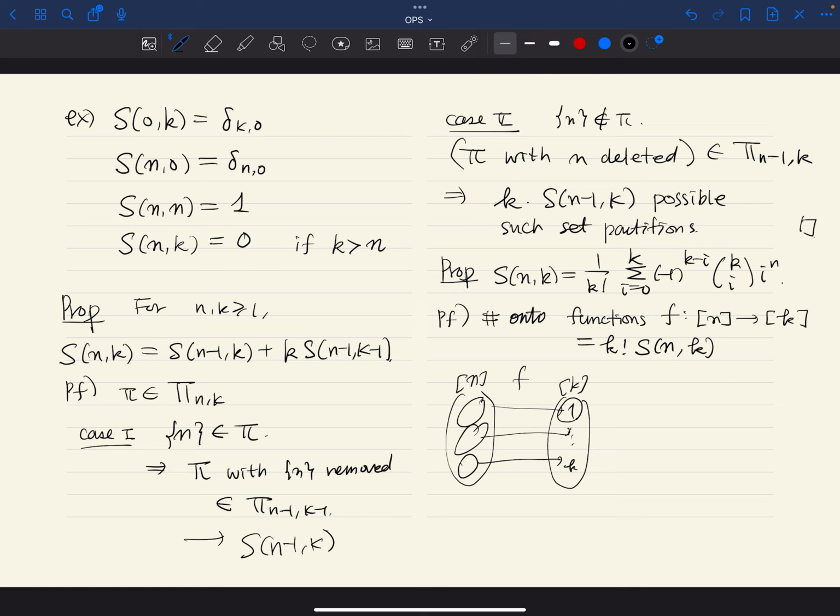But you can also compute the number of onto functions using the principle of inclusion and exclusion. This is also equal to the sum over i from 0 to k.